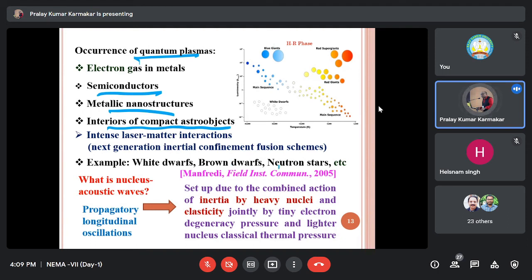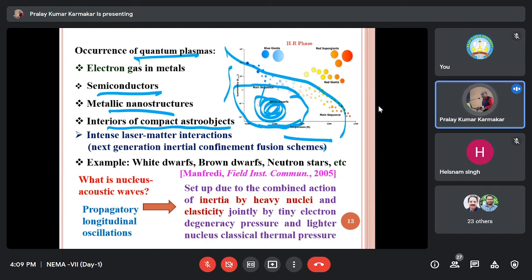The phase is defined by temperature and luminosity. Here is the region where compact astrophysical objects are sitting: white dwarfs. I told you that the density should be comparatively high but temperature should be low, so this is defined in this region, and this, as everybody knows, is the main sequence.